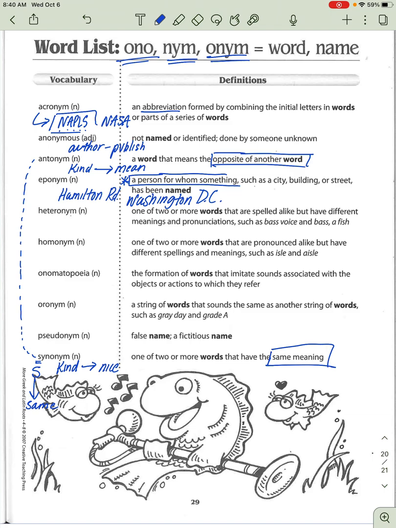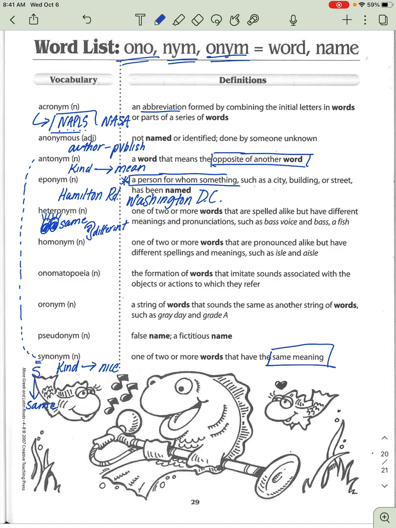Okay, then we have heteronym. A heteronym is one of two or more words that are spelled alike but have different meanings. Okay, this is kind of like a homonym, except that a heteronym looks the same. So it's spelled the same, okay? It looks the same when you look at it on a page, but it sounds different.